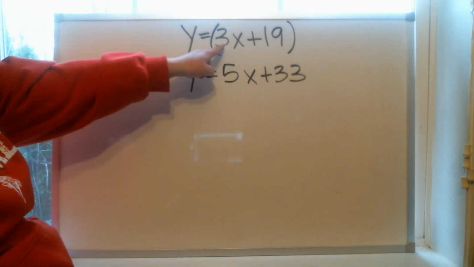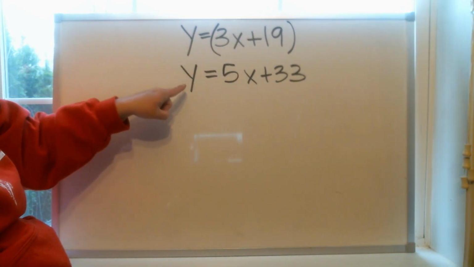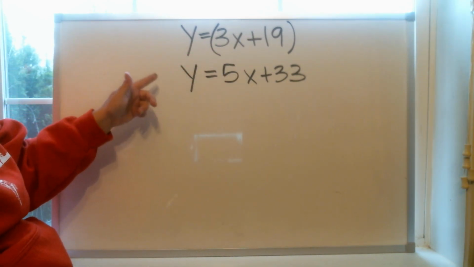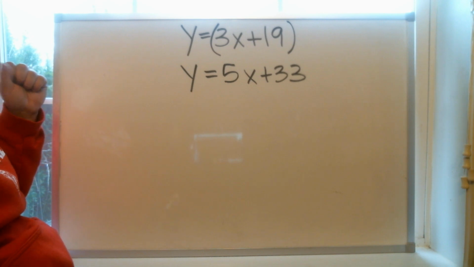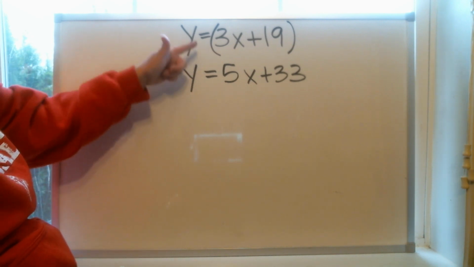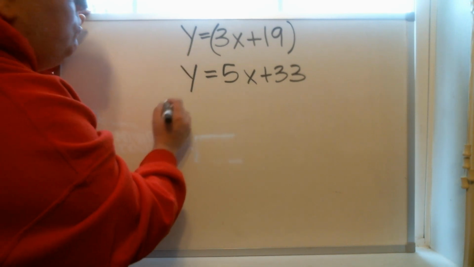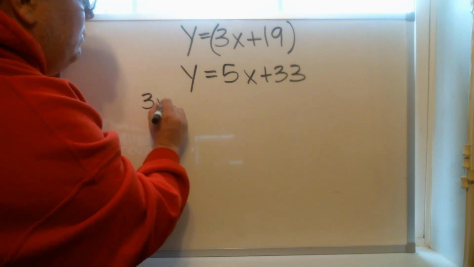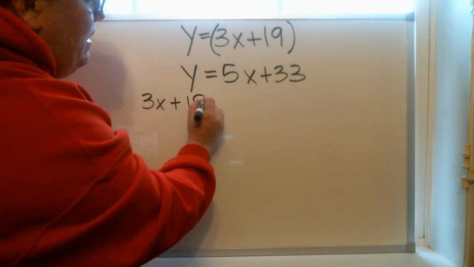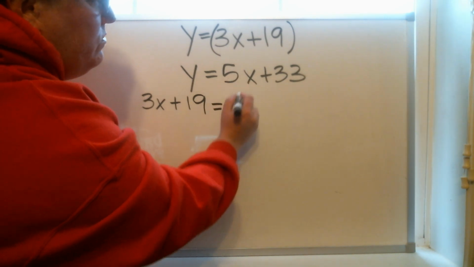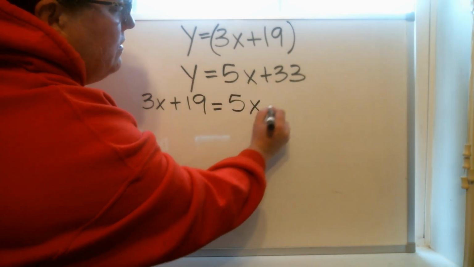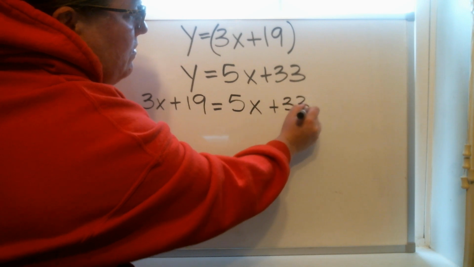Now I can take 3x plus 19 and substitute it into this other equation in place of y. So I'm going to write down 3x plus 19 equals 5x plus 33.